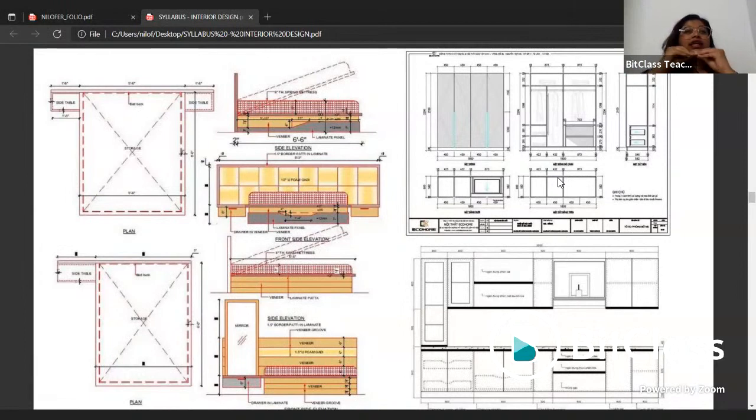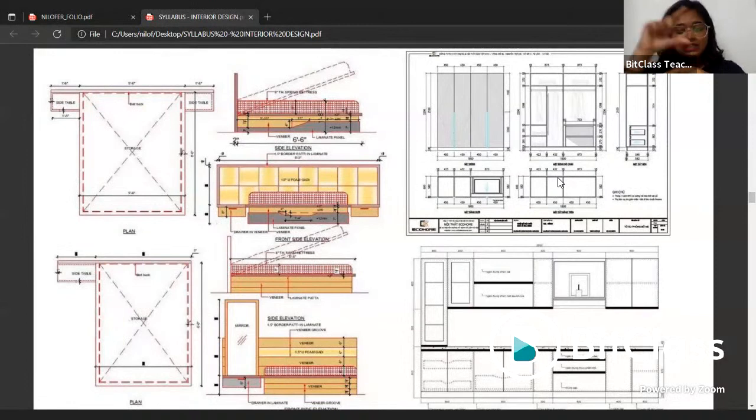You literally describe each and everything in the construction drawings, so that there are going to be no mistakes at all. From your side you have to mention what ply you're going to use, if you're going to use a veneer, if you're going to use a laminate, what mechanism you're going to use, if there is a metal strip or a metal rod kind of line, what is the thickness of the rod which is running, what material it is. So each and everything will be clearly explained in this particular construction drawing phase.